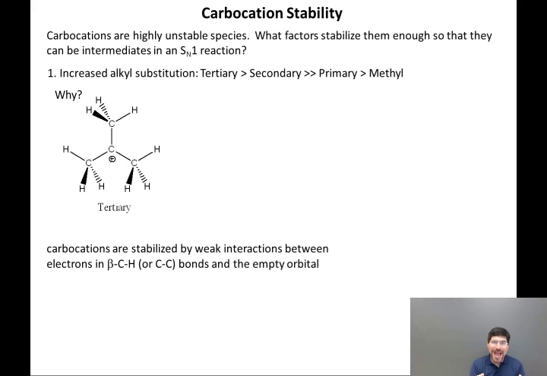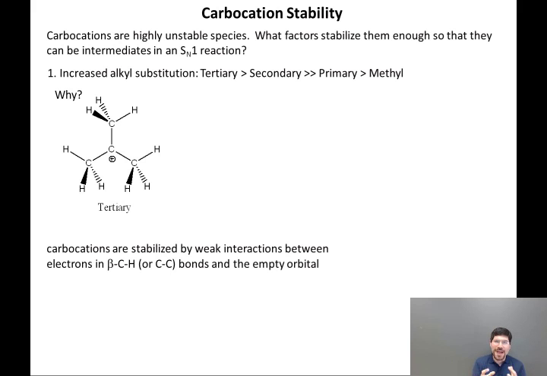They're attracted to the positive charge. In a tertiary carbocation, there are 9 such beta carbon-hydrogen bonds. So even though the positive charge never succeeds at taking those electrons from any one beta carbon-hydrogen bond, it has a lot of different options to choose from in its attempt to grab electrons.